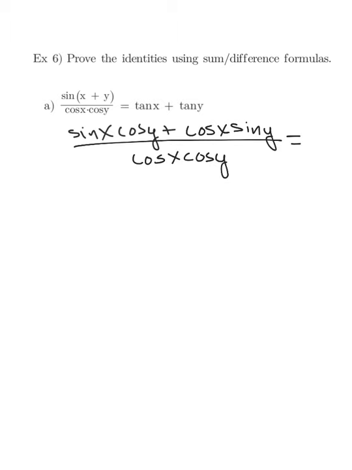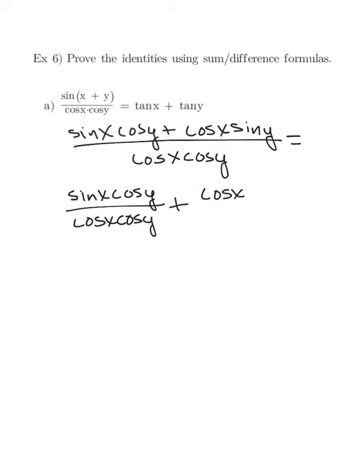So we are going to split this into the sine of x times the cosine of y over the denominator cosine x cosine y, plus the second fraction will be cosine x sine y over cosine x cosine y.